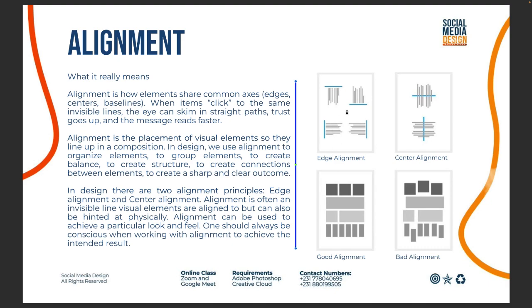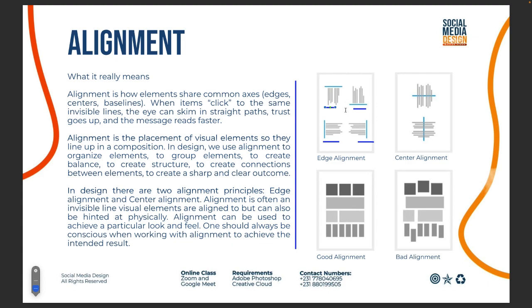And these are the edge alignments. The edge alignment can be the lower left, lower right, upper right, and upper left. So when you are designing, almost all the flyers you see in graphic design follow the alignment principle.